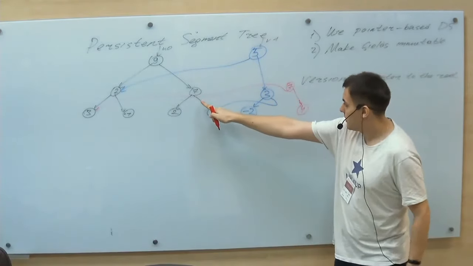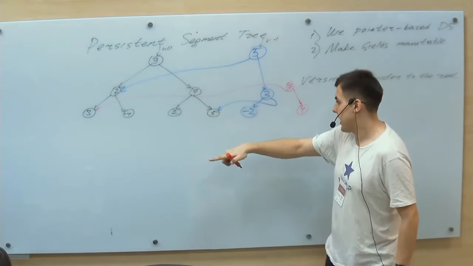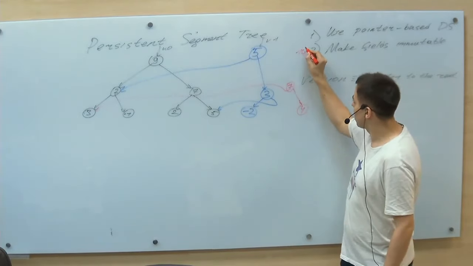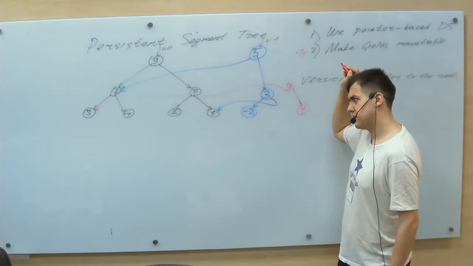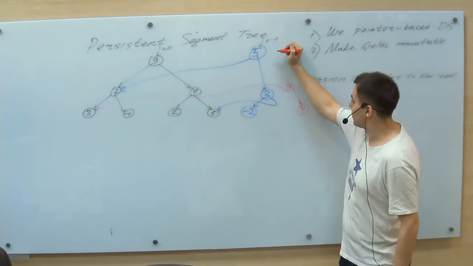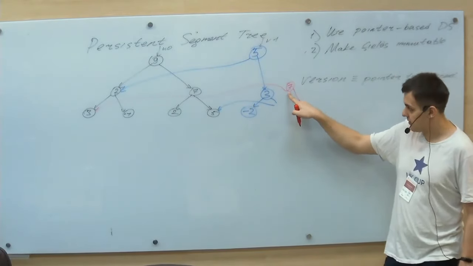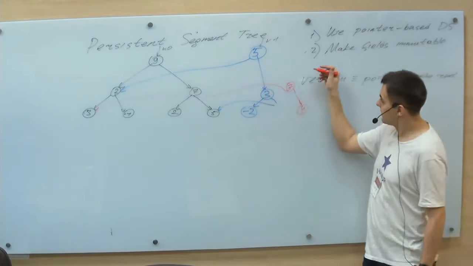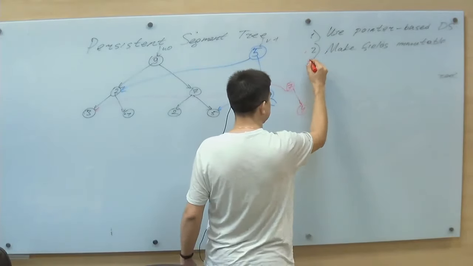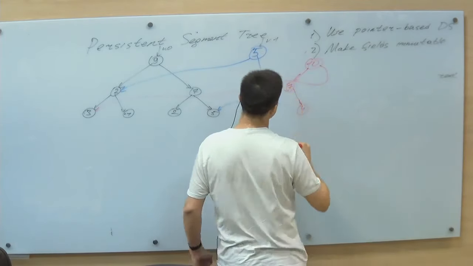Now we have 7 here. We have 7 here. So the new root is 14. Right? Well, no. The left subtree is 7, but the right subtree is 3. So the new root will be 10. The left child is this one, and the right child is here.